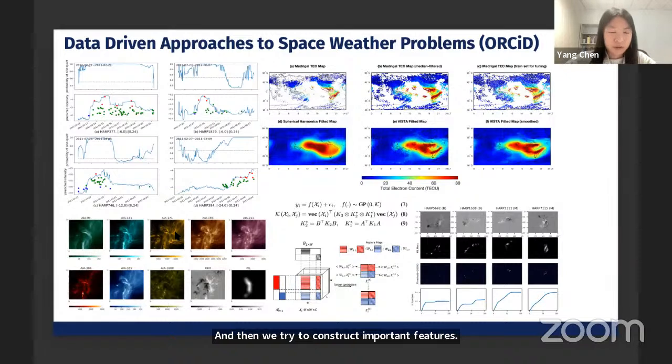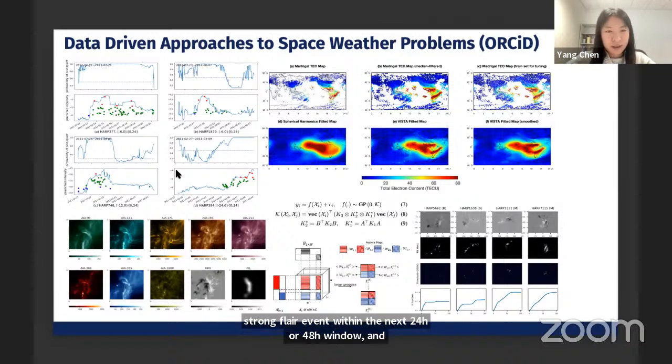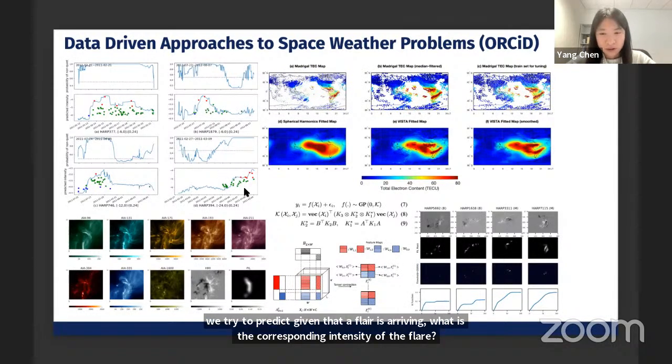And then we try to predict in advance the probability of having a strong flare event within the next 24-hour or 48-hour window. And also we try to predict, given that a flare is arriving, what is the corresponding intensity of the flare. So these two figures are showing that trend.